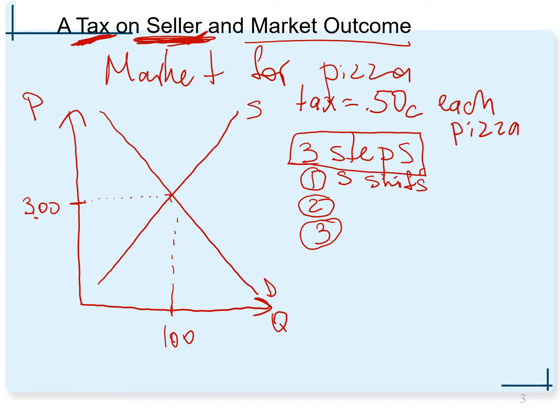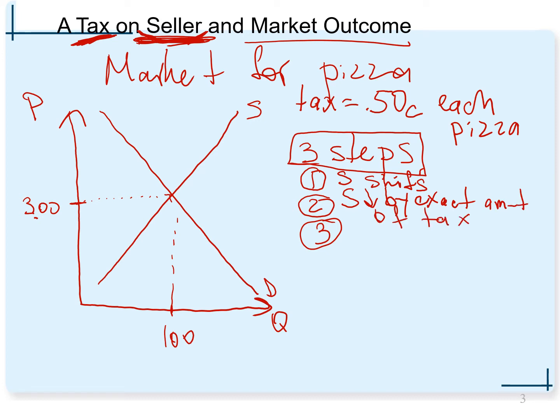So now, what do you think is going to happen? Are we going to have greater supply or less supply when we impose tax on sellers? When we impose tax on sellers, supply curve is going to actually decrease. And guys, what do we need to remember over here? That supply is going to decrease by exact amount of the tax.